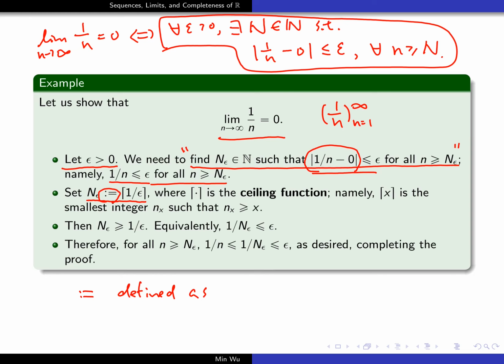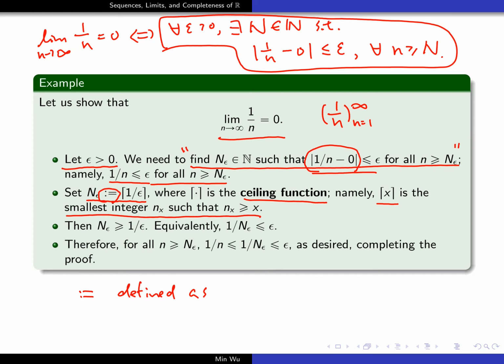And what is the ceiling function? The ceiling function is the smallest integer. So okay, the definition is here. If we put a number x inside the ceiling function, the ceiling function of x is the smallest integer n_x such that n_x is greater than or equal to x.